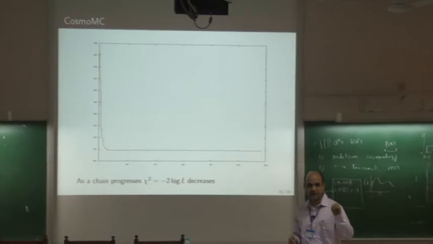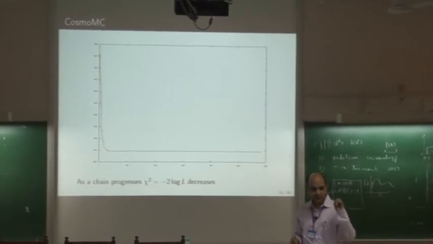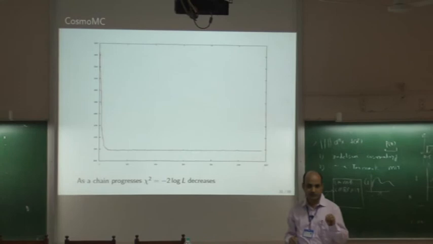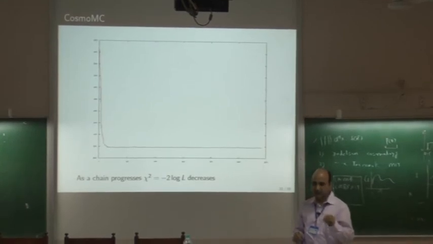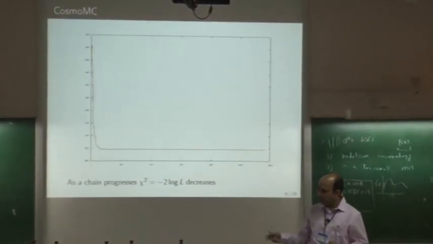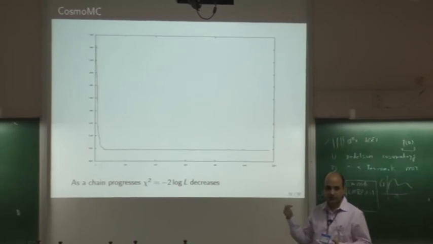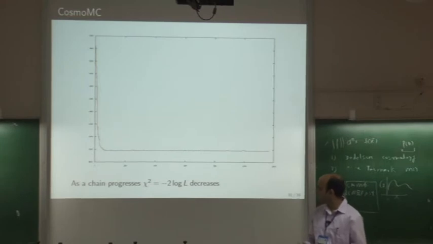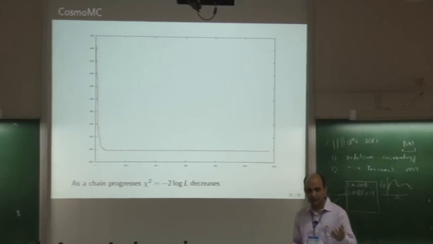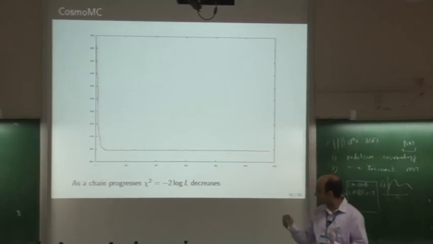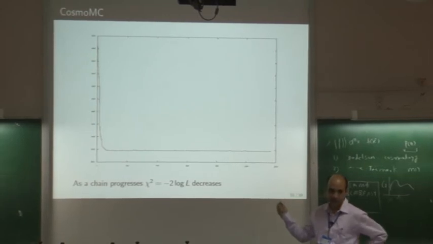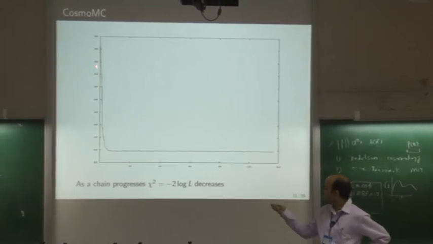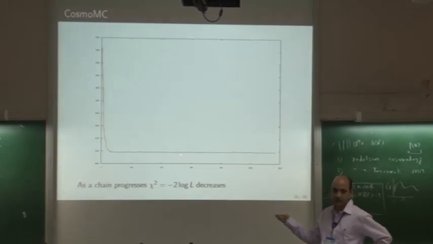Our goal is to reach there, so we carry out these random walks, which are called Markov chains. No matter where the chain starts, the maximum of the likelihood will attract it, and that is guaranteed by the algorithm we are using. When we reach there, you can see that the chi-square is falling.